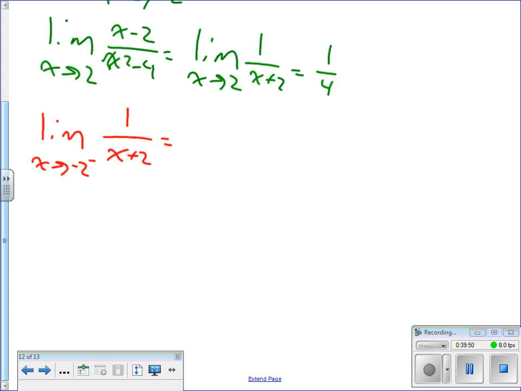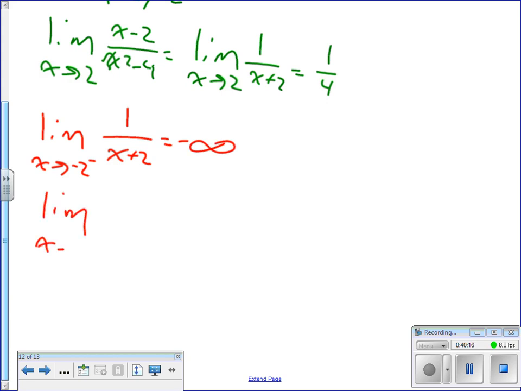So this would be negative infinity, right? Yeah, you're right. I've got to stop and think sometimes myself. Negative infinity.